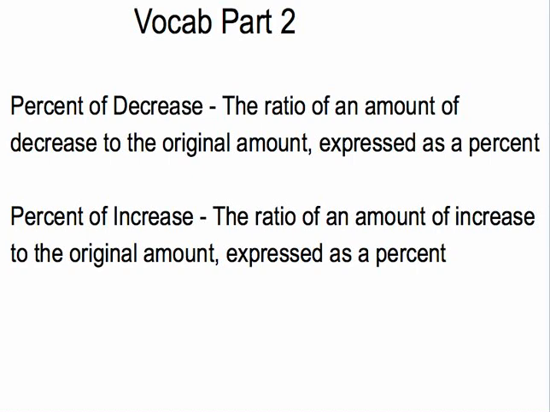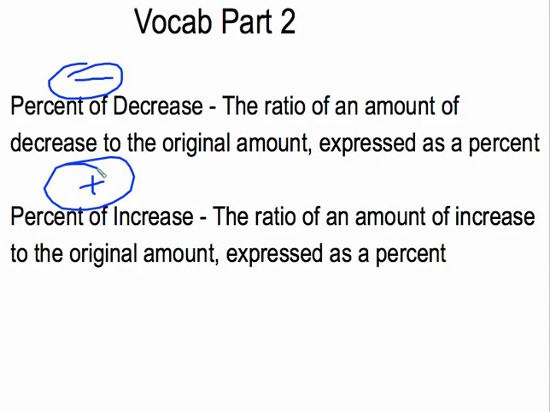When I send you on to 8th grade and high school, a percent of decrease is going to be known as a negative amount of change, and a percent of increase as a positive. So for this lesson, we're going to start practicing this knowledge so that going forward it's not hard to transition into knowing that a percent decrease should be a negative value and a percent increase should be a positive value when you do your calculations.